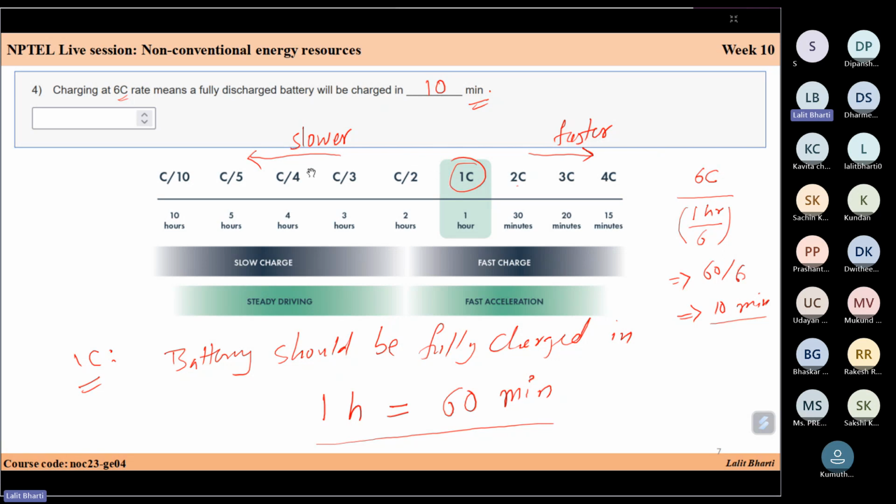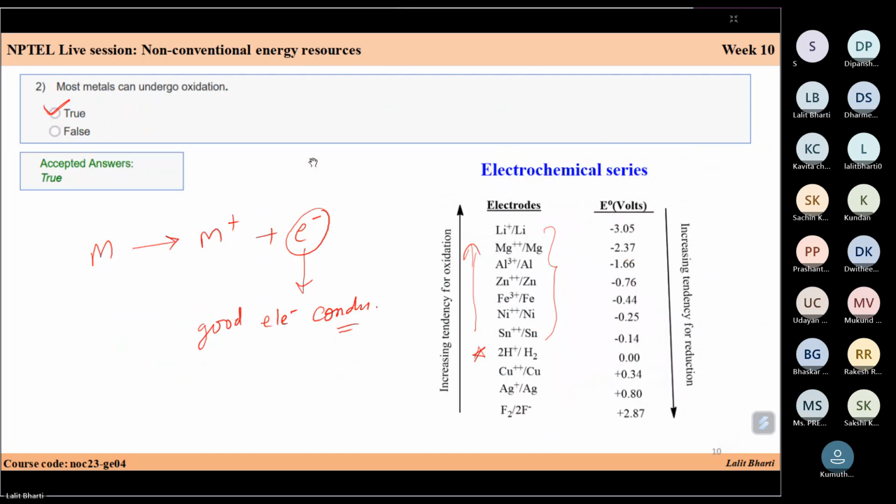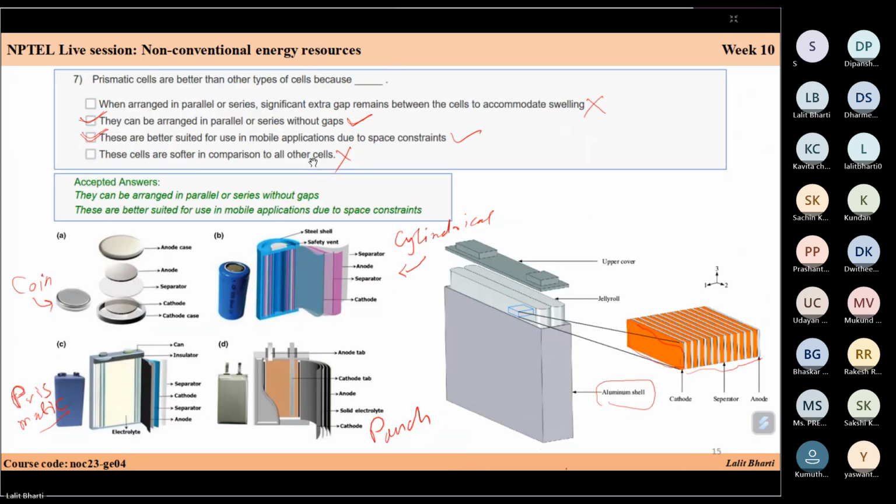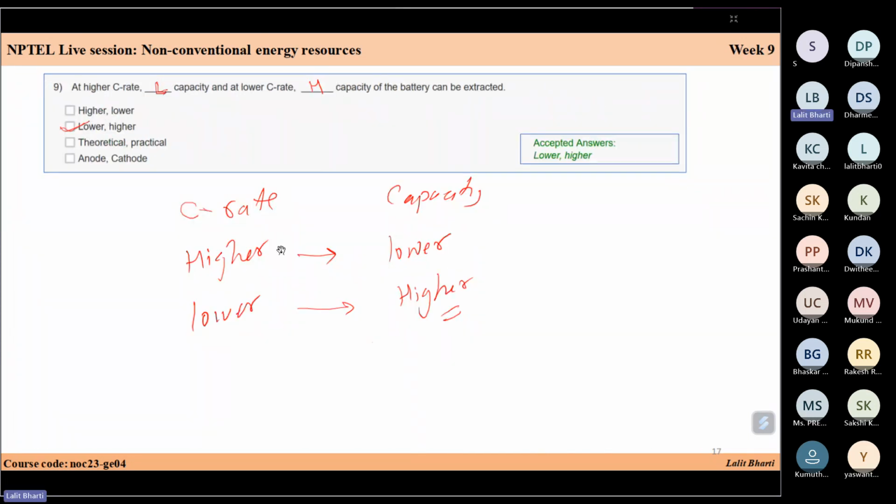Going slower, C/2 means double the time at half the rate. So basically 1C is equal to 1 hour of charging, higher C means faster, smaller C means slower. So higher C means your capacity will be lower.